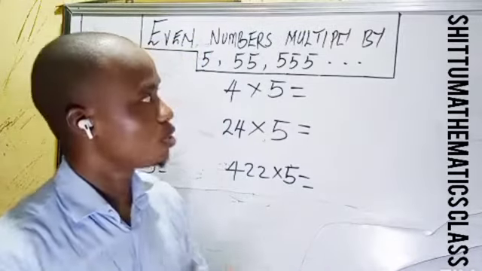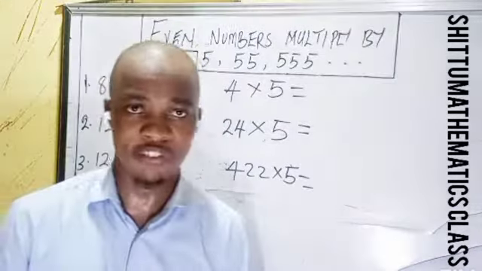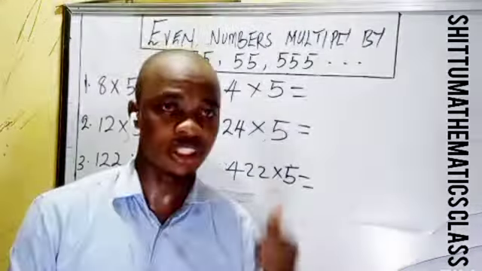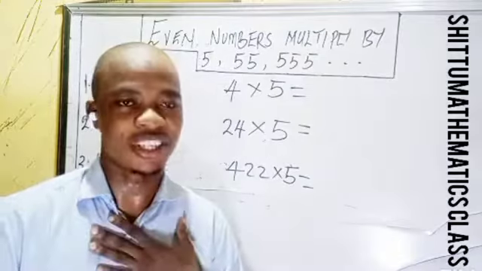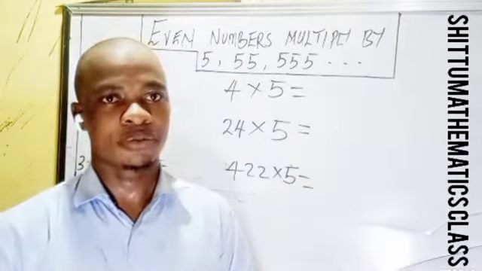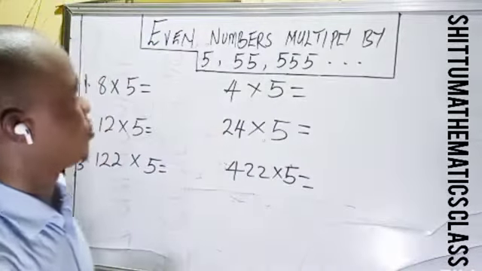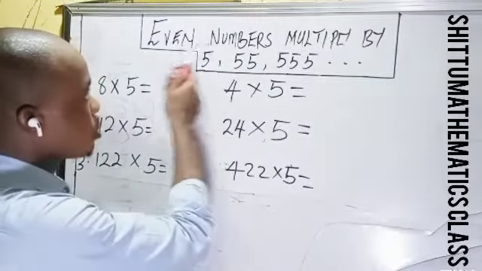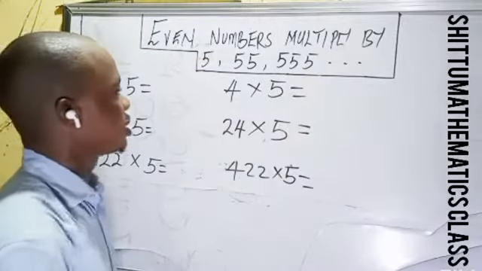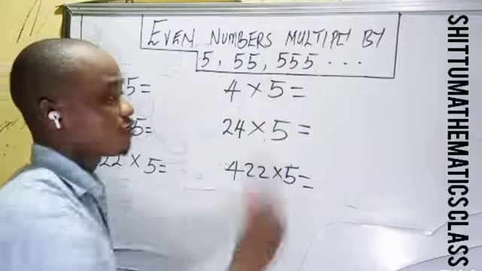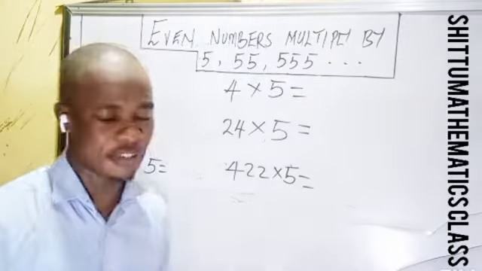So now what we are going to be doing today, as I said before, is going to be mainly for kids, and it's going to be very helpful for them and to us as teachers. So now I have on this board, you can see we have even numbers multiplied by 5, 55 and 555.